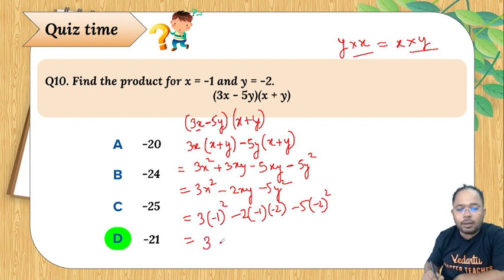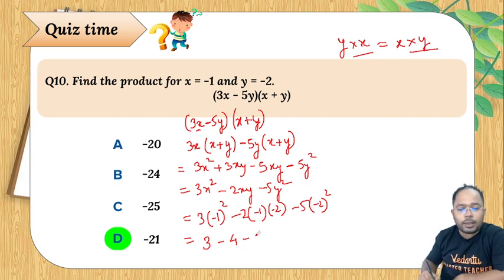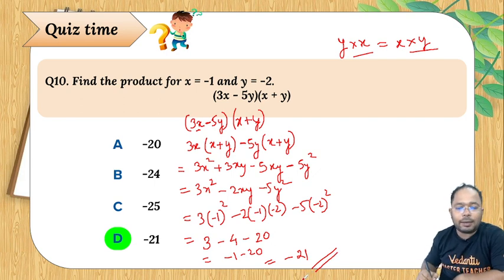So it gives 3, minus 1 into minus 2 gives you positive 2, and 2 into 2 is 4, minus 5 into minus 2 whole square gives you positive 4, 5 4s are 20. So 3 minus 4 is minus 1, and minus 20 gives ultimately minus 21. That's the correct answer.